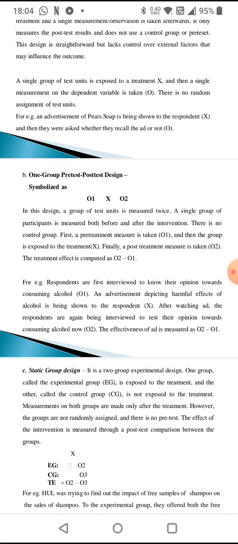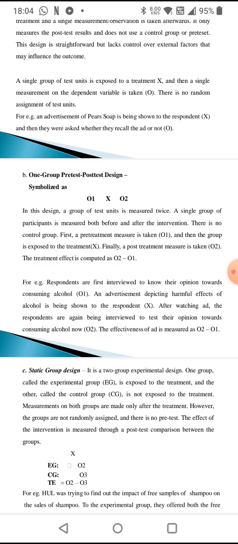There is no control group. First a pre-treatment measurement is taken, then the group is exposed to the treatment, and finally a post-treatment measure is taken. You get the treatment effect as O2 minus O1, that is, after treatment minus before treatment.